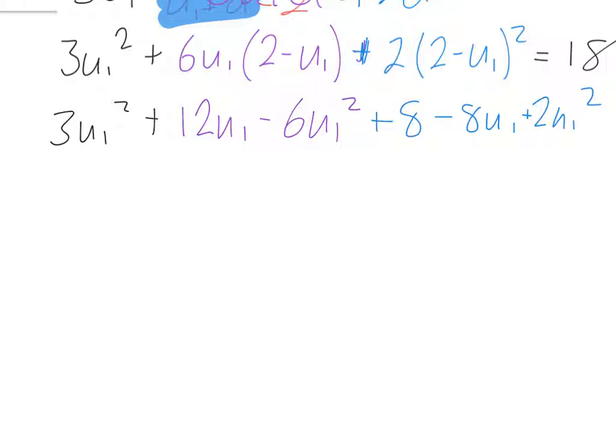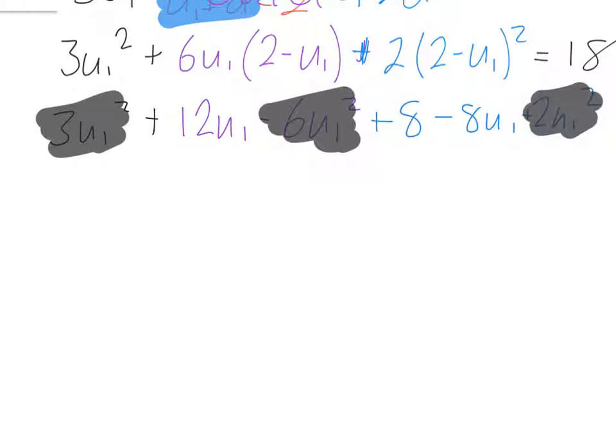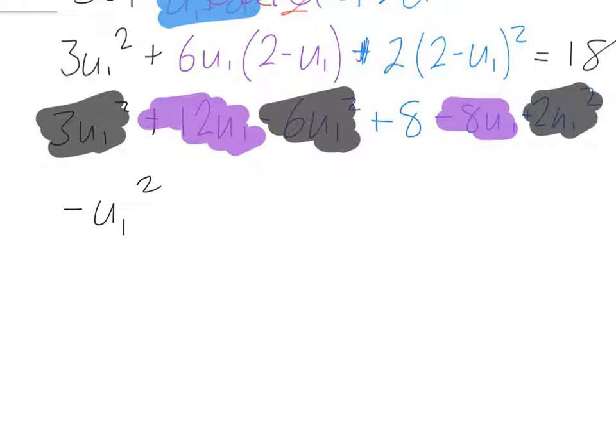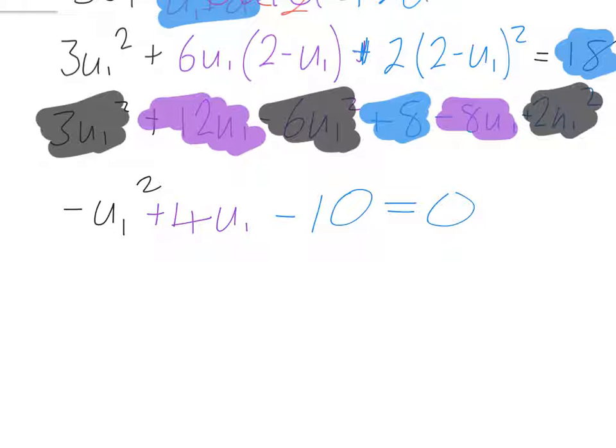For a total of 3 plus 2 is 5, minus 6 is minus 1. 12u1 minus 8u1 is 4u1, plus 8 is equal to 18, minus 10 equals 0. Or, getting rid of the negatives, plus 10 equals 0.